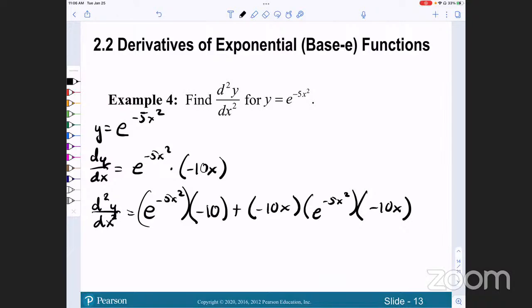We could factor out that e to the negative 5x squared. Okay, let's do that. e to the negative 5x squared. That's going to leave us with 100x squared minus 10.